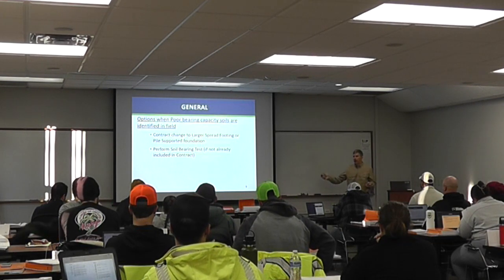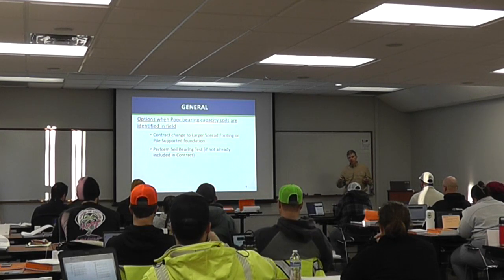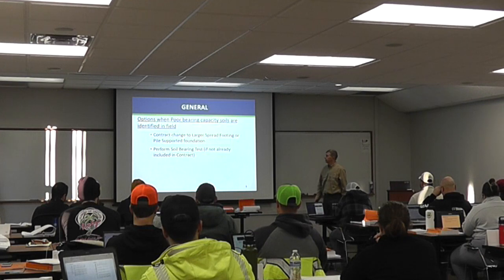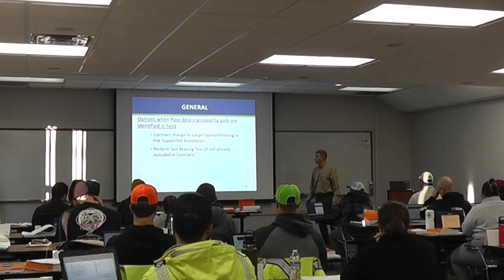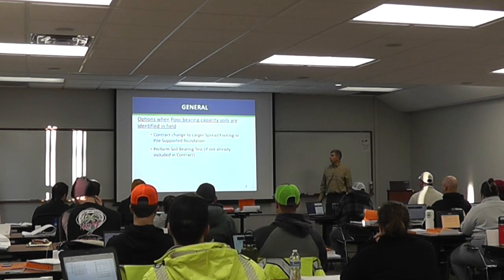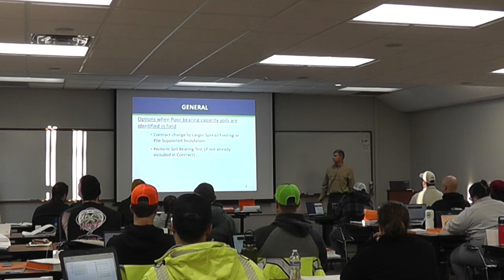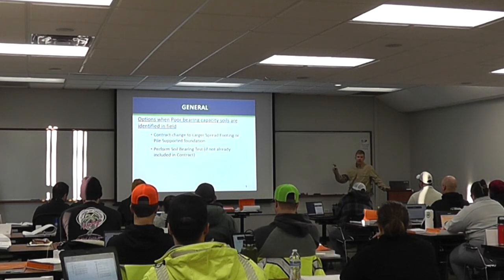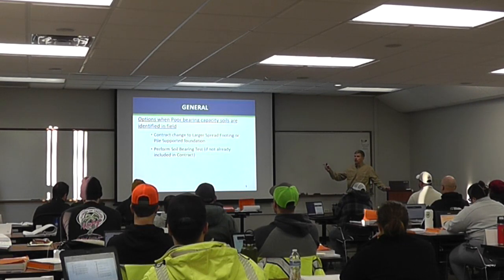If you change to a pile, you're going to have to order piles in. The contract will claim additional time. It wouldn't be easy, but it's something that could be done. You can also perform soil bearing tests if they are not in the contract already. These are things where it would be good to call the regional construction engineer if you ever have questions.